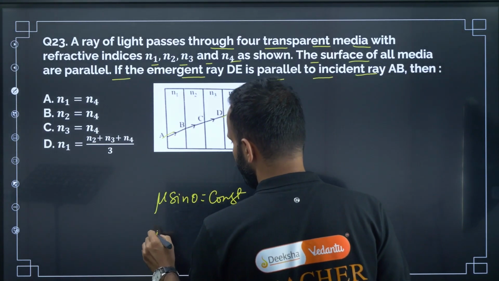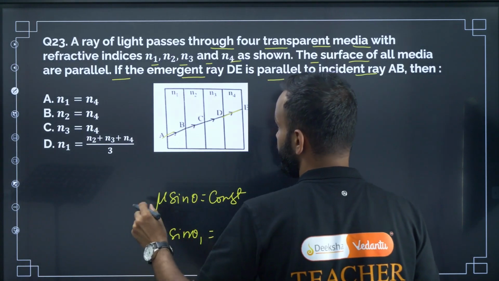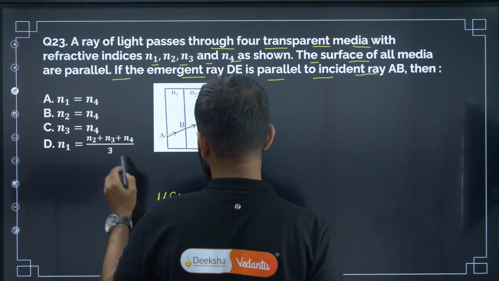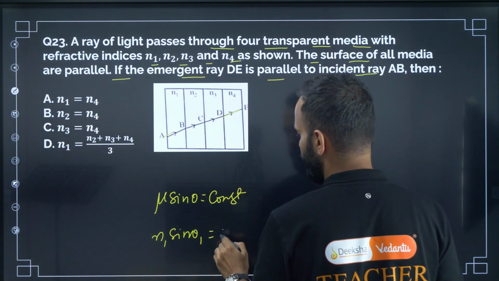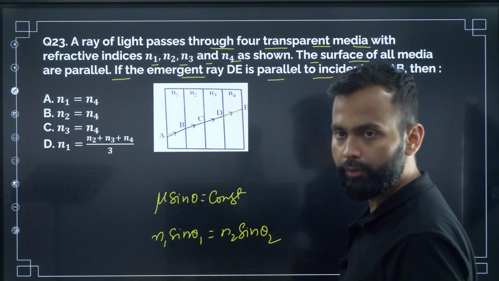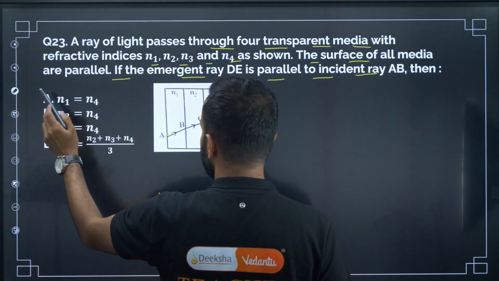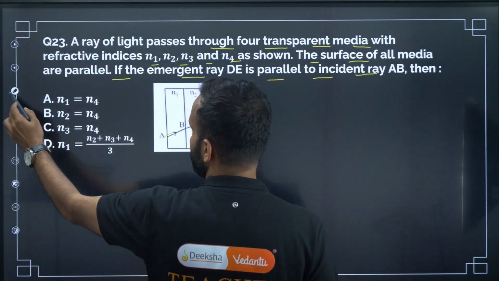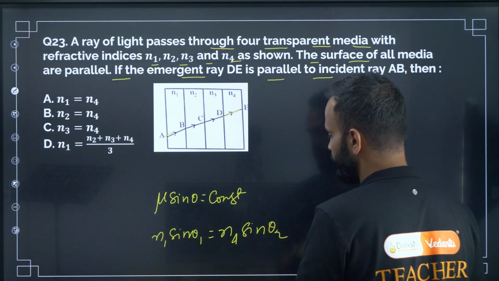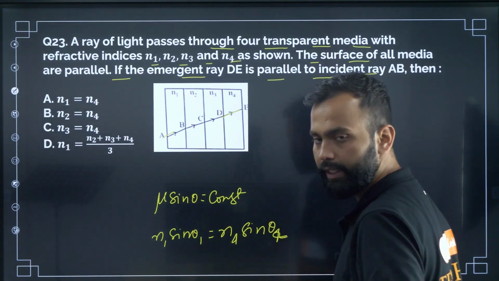So mu1 sin theta 1, here they said n, so n1 sin theta 1 is equal to n4 sin theta 4.